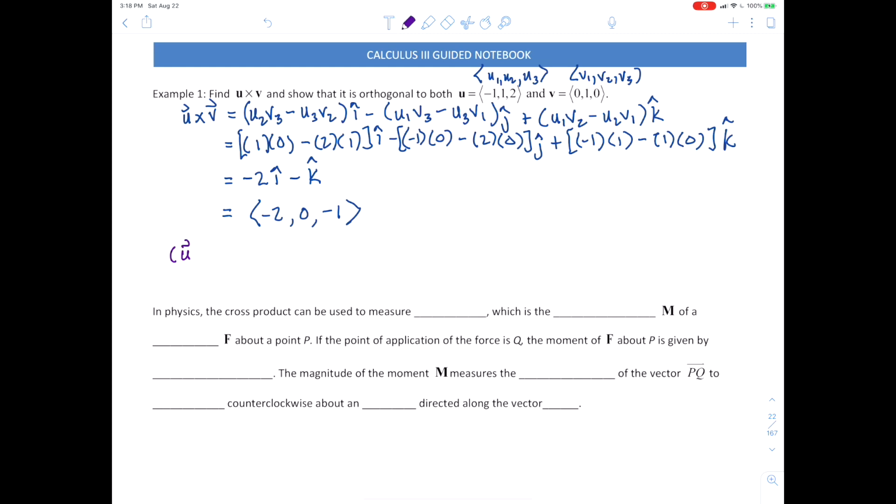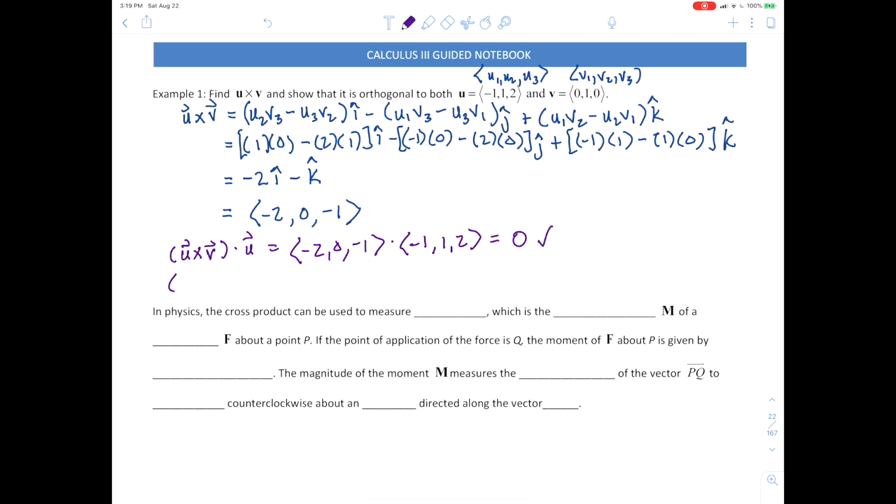So u cross v dot u is going to be negative 2, 0, negative 1 dot negative 1, 1, 2. 2 plus 0 minus 2 is 0, so that checks out.